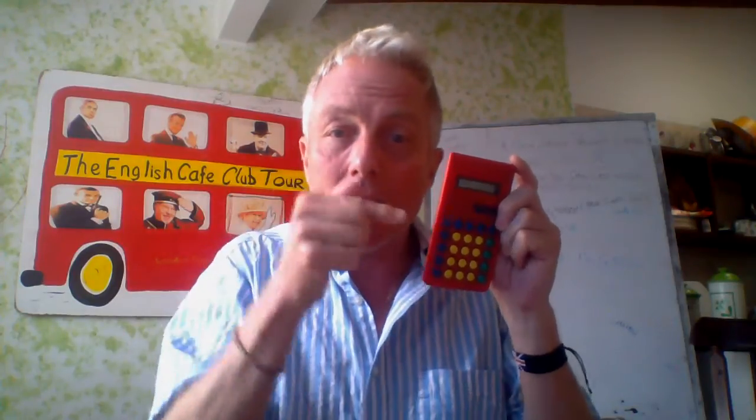Now, strangely enough, you use passive voice all the time, but you don't realize it. For instance, this calculator, made in Japan. Somebody made this calculator. It was made in Japan. But I didn't say by. Why? Because we don't know who. It was made in Japan by some Japanese people, but we don't know who they are, so we don't mention them.